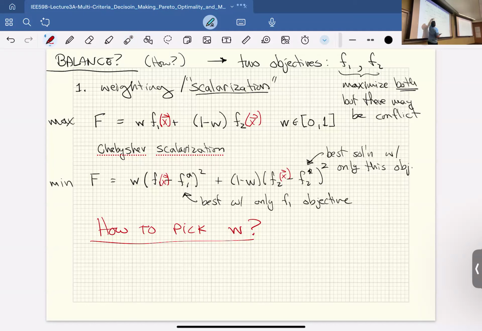So if I set W equal to 1, I will find the X star that corresponds to F1. Now if I could somehow set the X, if I could say I want this X to be my best, then I could try to find the W that is most likely to make that X the best. But that's kind of a weird thing.